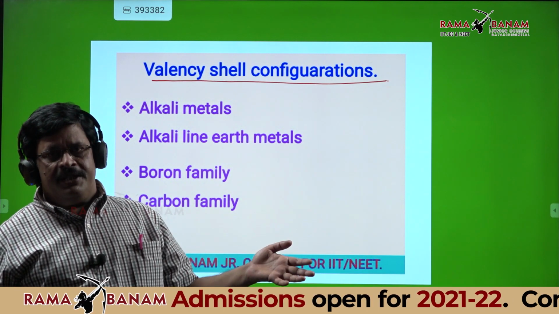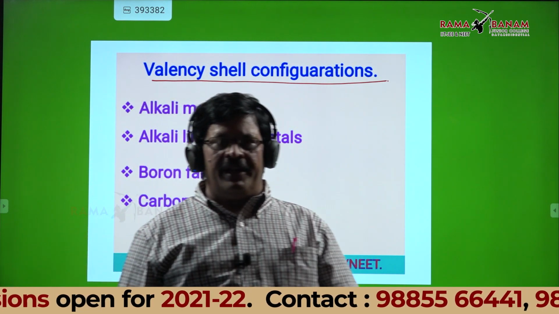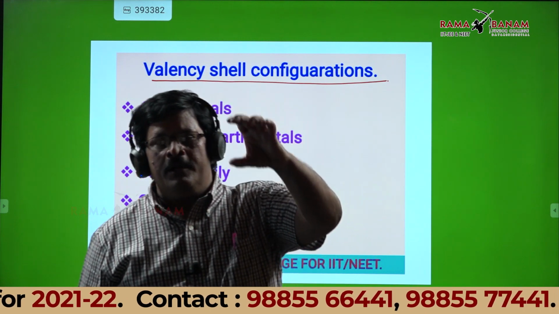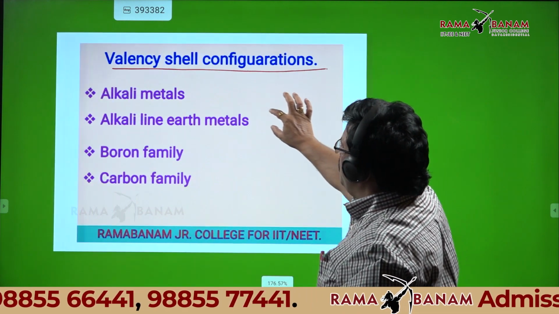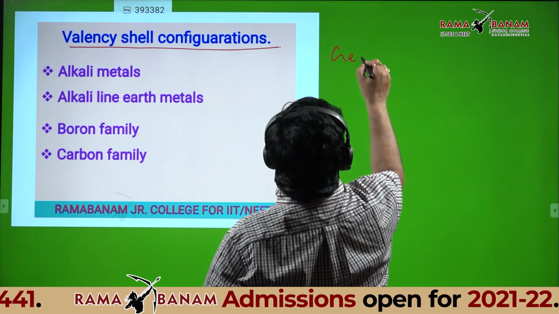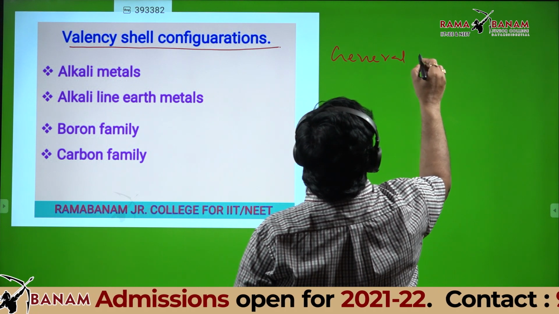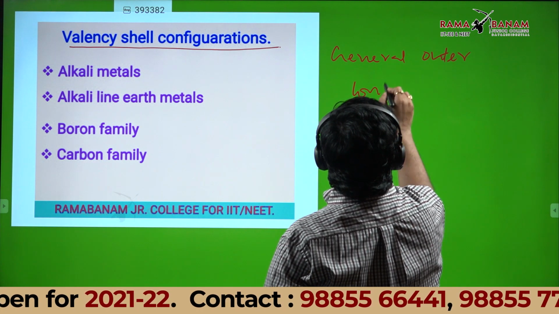What I want is the general outer electronic configuration of that particular group. That's what is called the general electronic configuration of various groups.